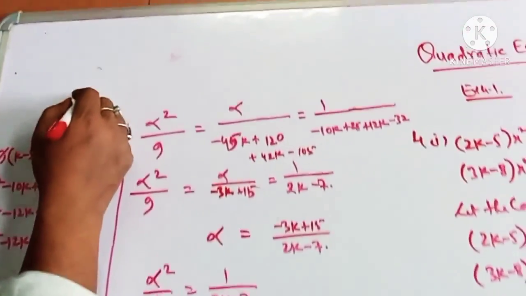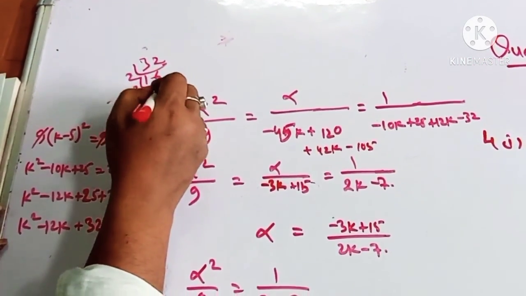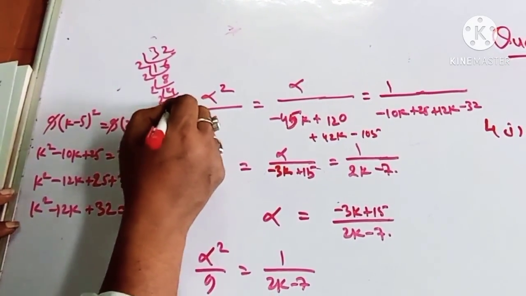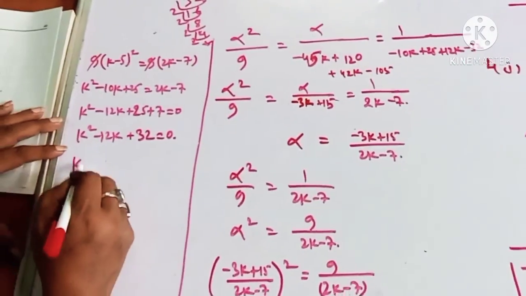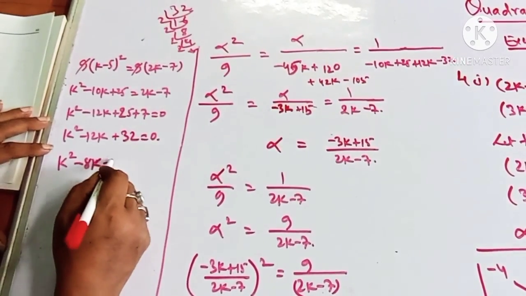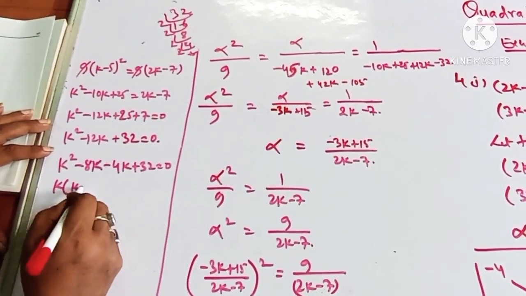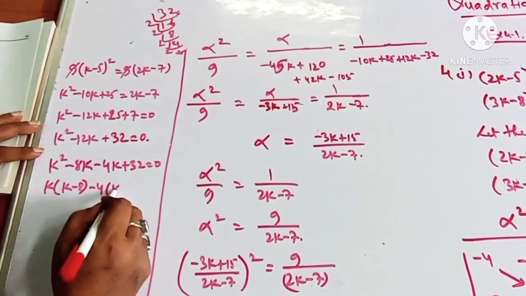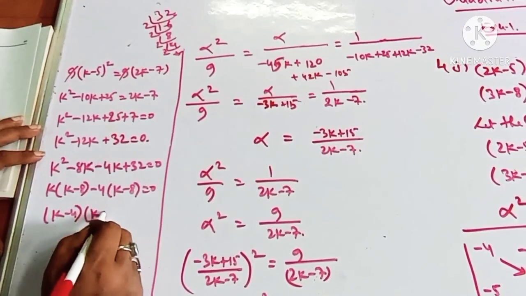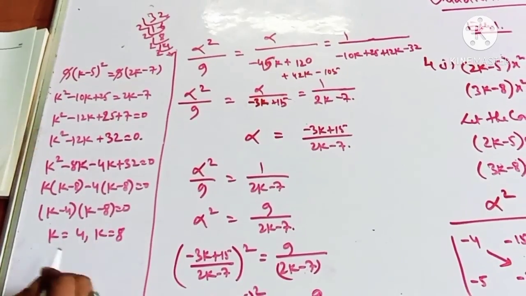Splitting the middle term, 32: 2 16s, 2 8s, 2 4s. So 8 plus 4, k square minus 8k minus 4k plus 32 equal to 0. So k common, k minus 8, minus 4 common, k minus 8 equal to 0. So k minus 4, k minus 8 will be equal to 0. So k equal to 4 and k equal to 8.